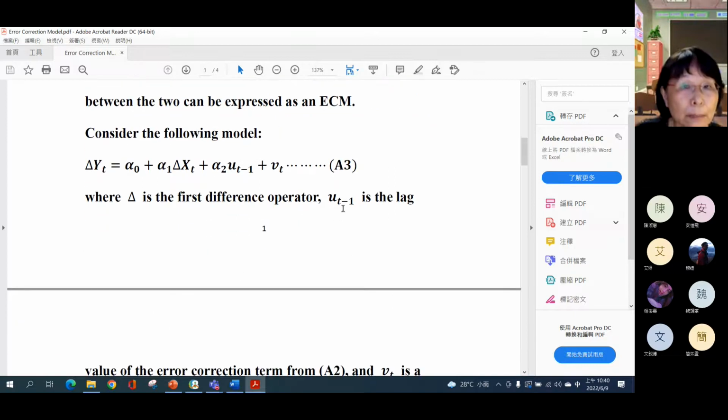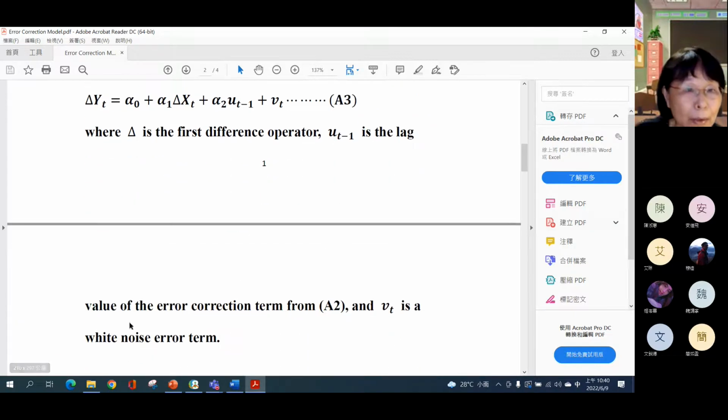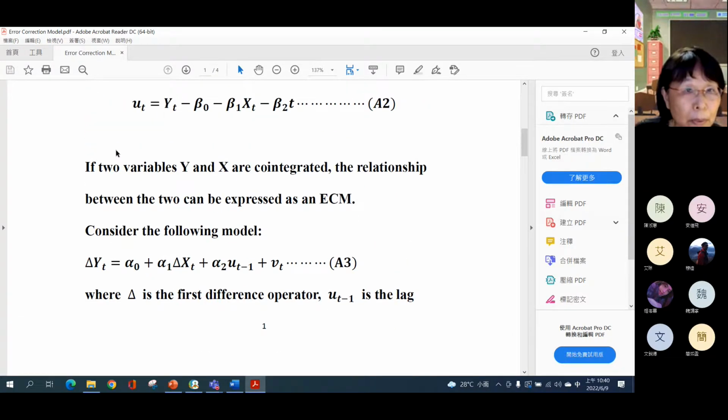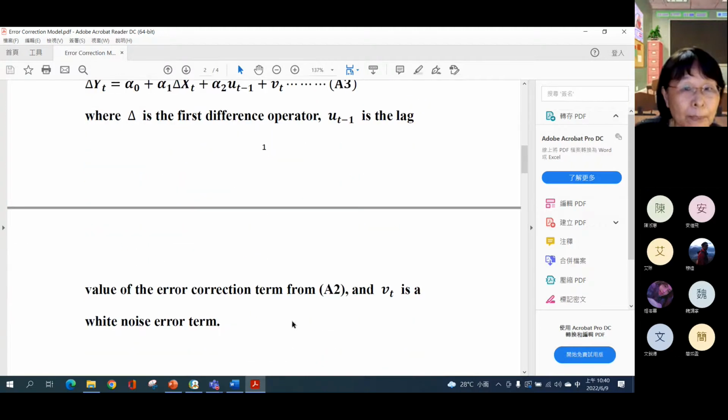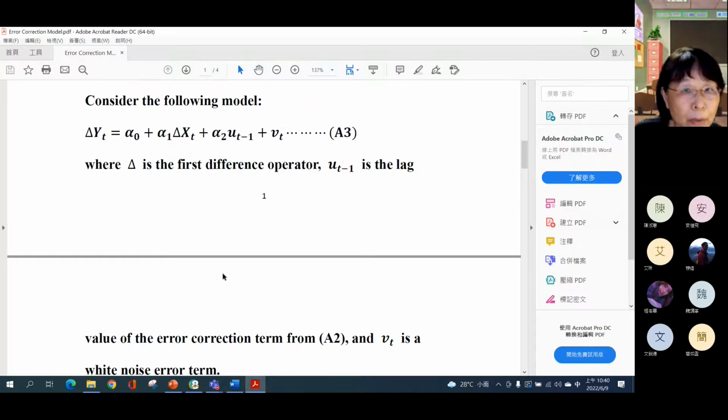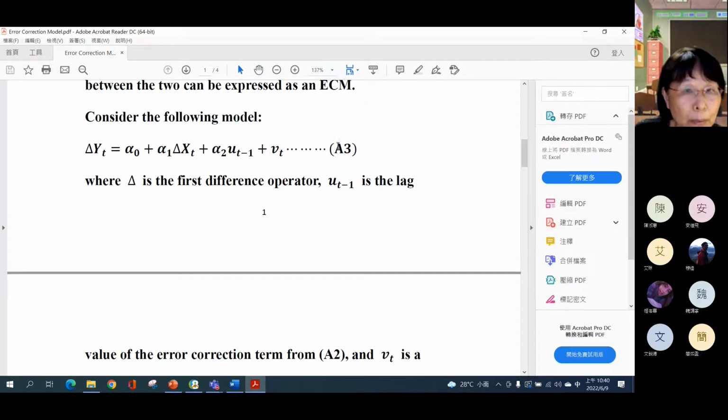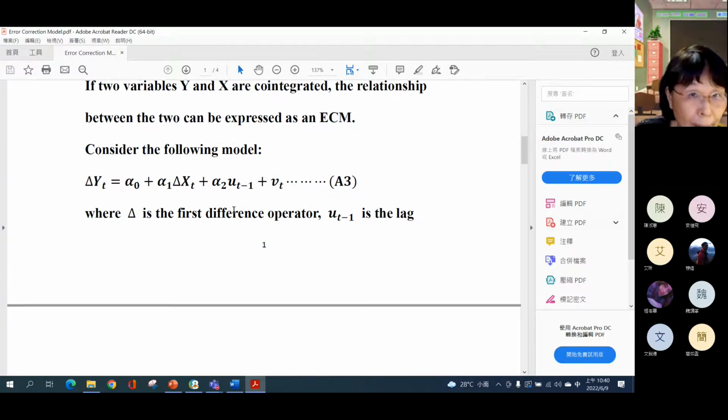Here ut minus 1 is the lag value of the error correction term from A2. And vt is the white noise error term for the error correction model. So this vt follows the classical assumptions, meaning white noise. Do you understand what I'm saying here?